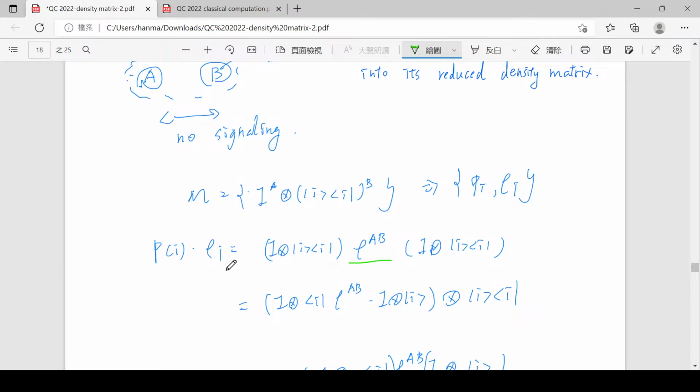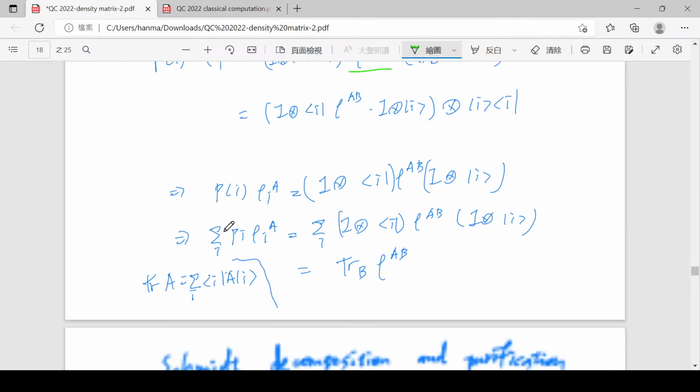First we calculate the subnormalized state. So we want to find M rho AB M dagger, and that's just written out like this. And the subnormalized state should be equal to the probability times the normalized state. And so that's that.